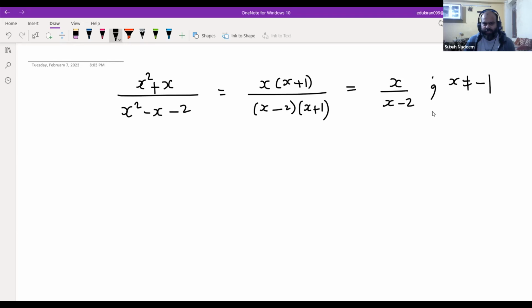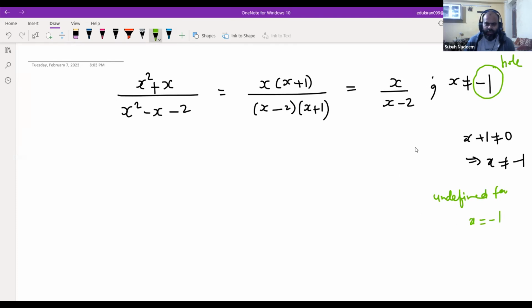Then only you can cancel them, because x plus 1 cannot be equal to 0 if you want to cancel them. This is behaving as a whole. It is undefined for x equal to -1.